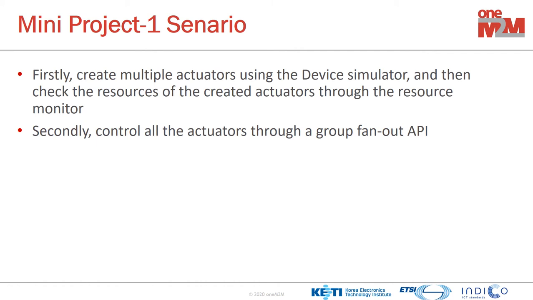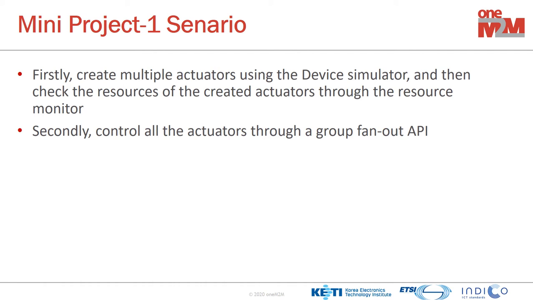As a scenario, we're going to create multiple device simulators. And in project one, we're going to use the resource monitor to see what happens over the group fan out and the device simulator.